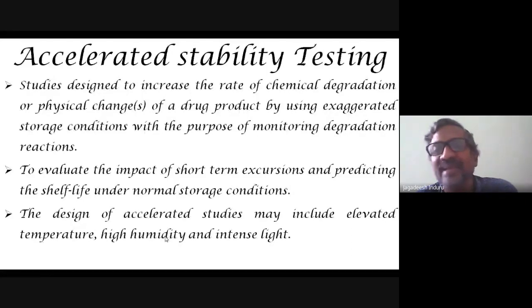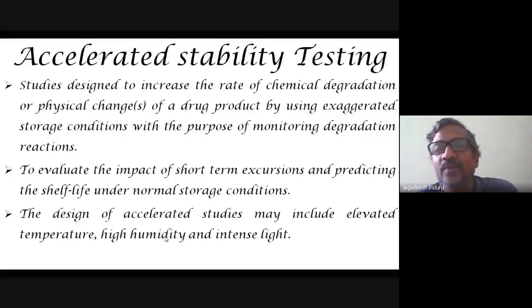If you find any problems during your real time, you inform, and the product which is launched is withdrawn from the market. This is the importance of accelerated stability testing.